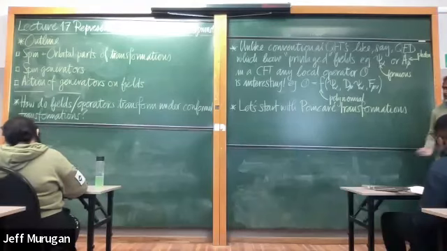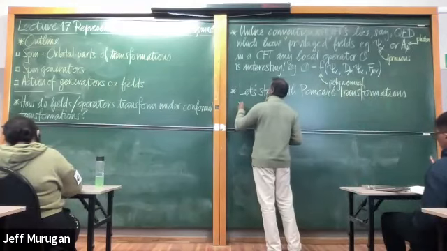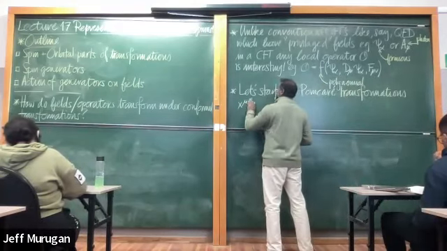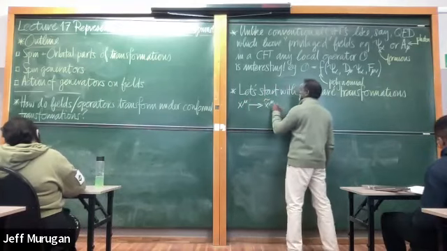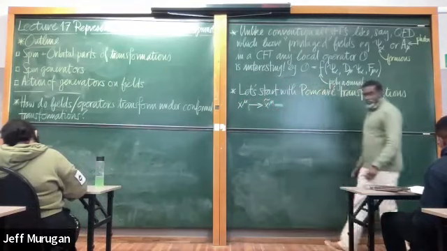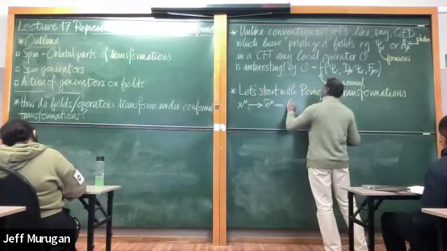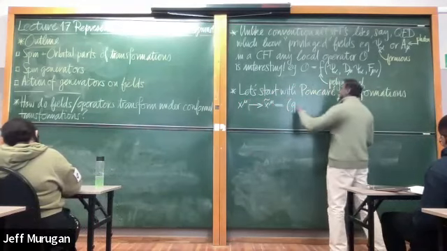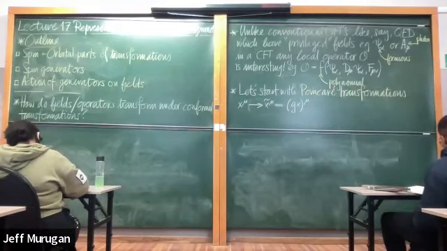The Poincare transformations that we wrote down take x mu to, say, x mu tilde, and x mu tilde would be some element of the Poincare group G acting on x.